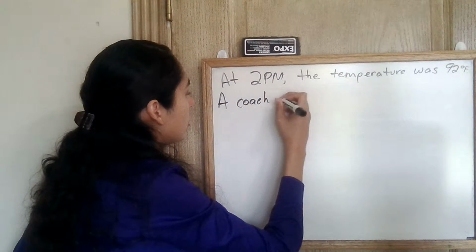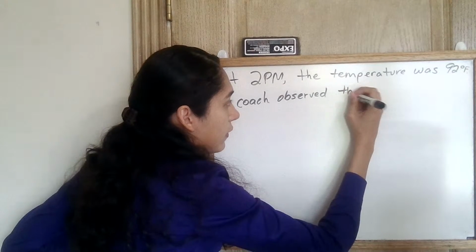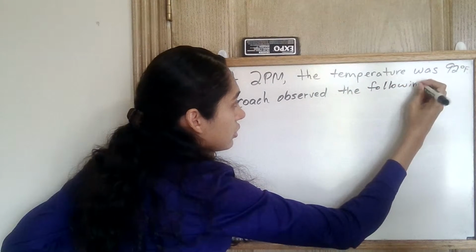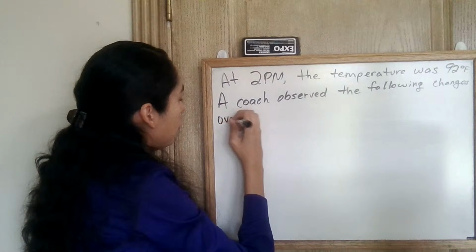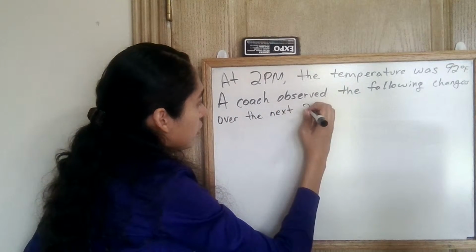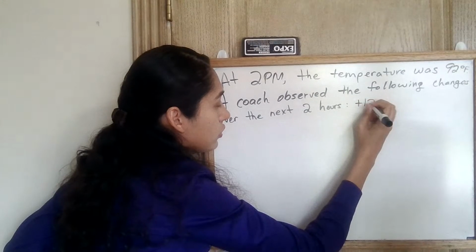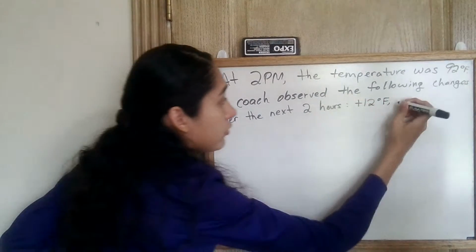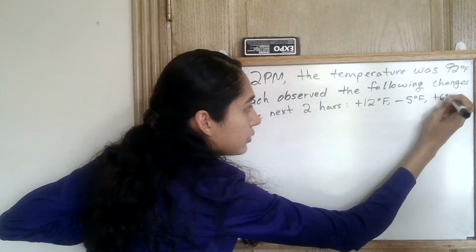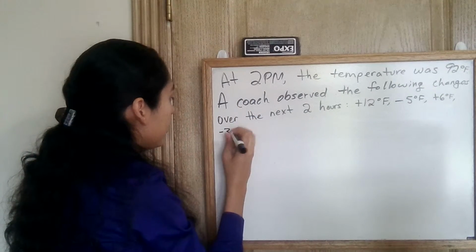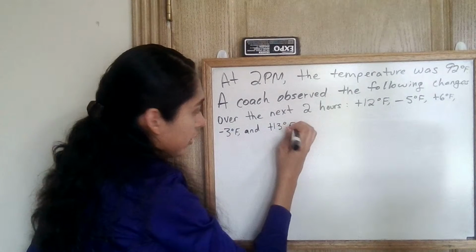A coach observed the following changes over the next 2 hours: plus 12 degrees Fahrenheit, minus 5 degrees Fahrenheit, plus 6 degrees Fahrenheit, minus 3 degrees Fahrenheit, and plus 13 degrees Fahrenheit.